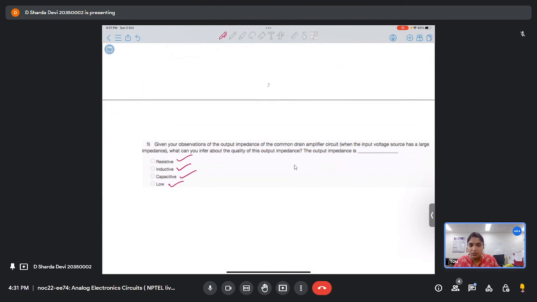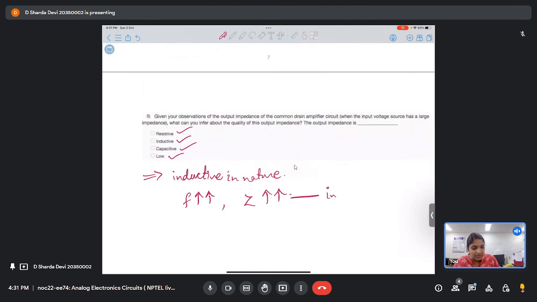So it turns out to be inductive in nature. Inductive in nature means that with increasing frequency, your Z is also increasing. This means inductive nature.